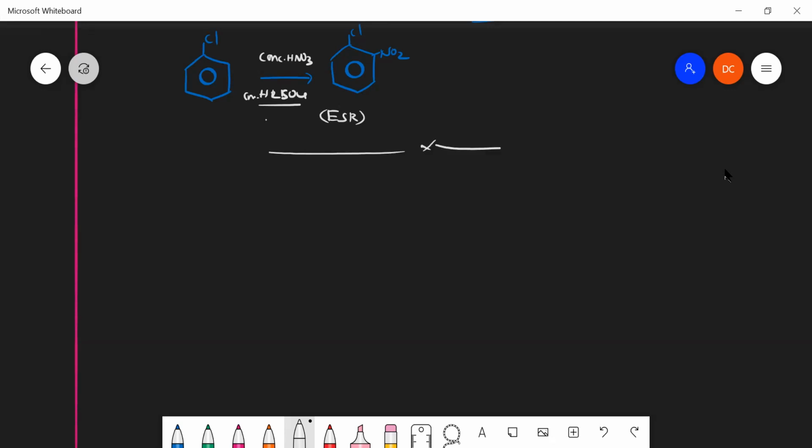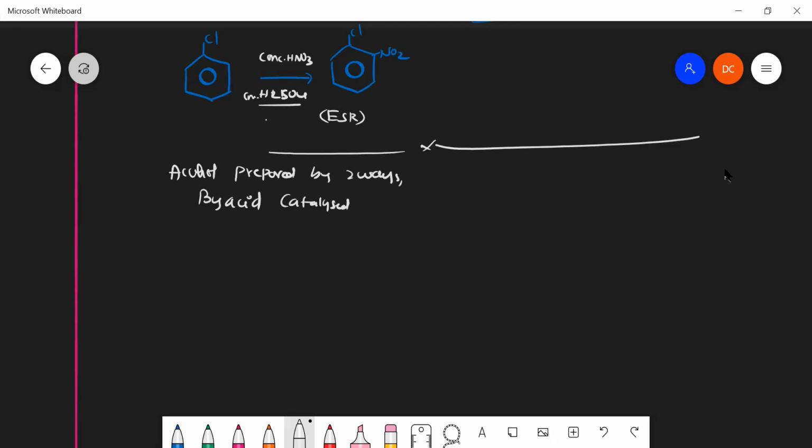And preparation of alcohols. The alcohols can be prepared by two ways, right? Acid catalyzed hydration, and another important method is hydroboration oxidation.